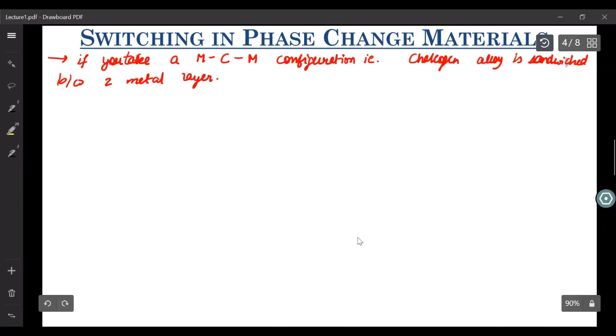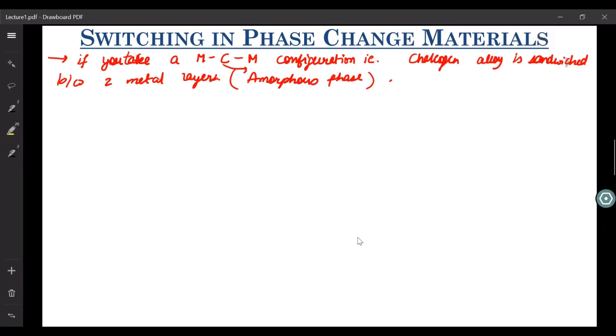Let's say you start with the amorphous phase. I mean, the state of your chalcogen here is amorphous, and then you apply some voltage across this configuration. So what you observed was that you started with some amorphous phase, and this configuration was giving you some resistance.